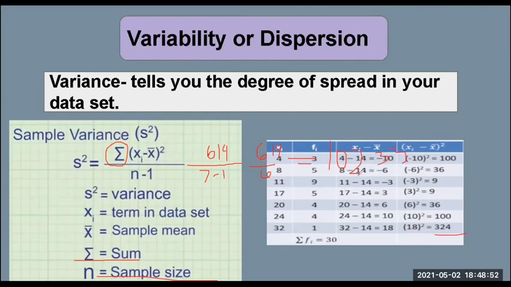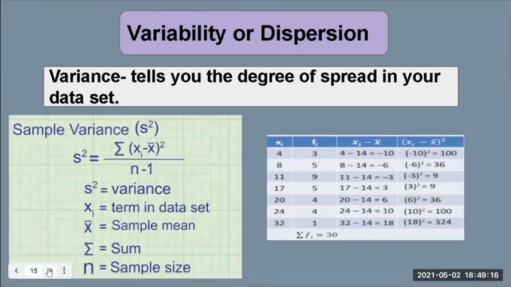So this will be our variance. Let's rewrite it here: 102.33. This is our variance. Okay, done with the variance.